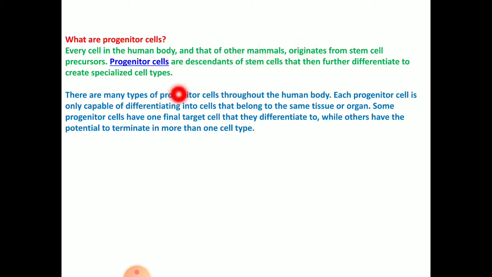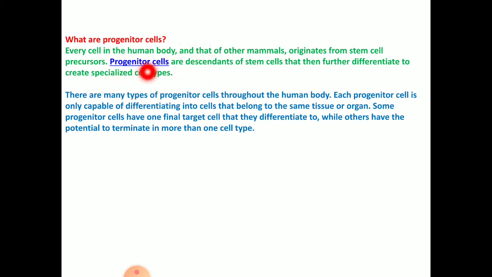So where do the stem cells originate? They originate from the stem cell precursors. So what are the progenitor cells then? They are descendants of stem cells that further differentiate to create the specialized cell types.